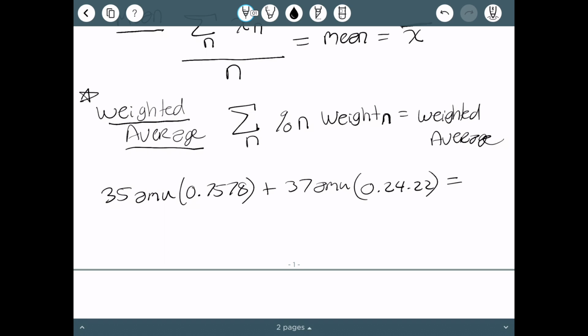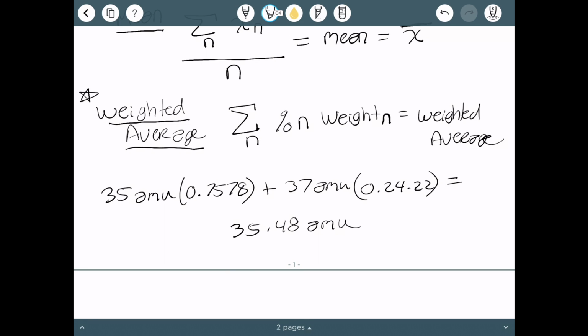Now we do the calculation. So it is 35 times 0.7578 plus 37 times 0.2422. What does that equal? 35.48 AMUs.